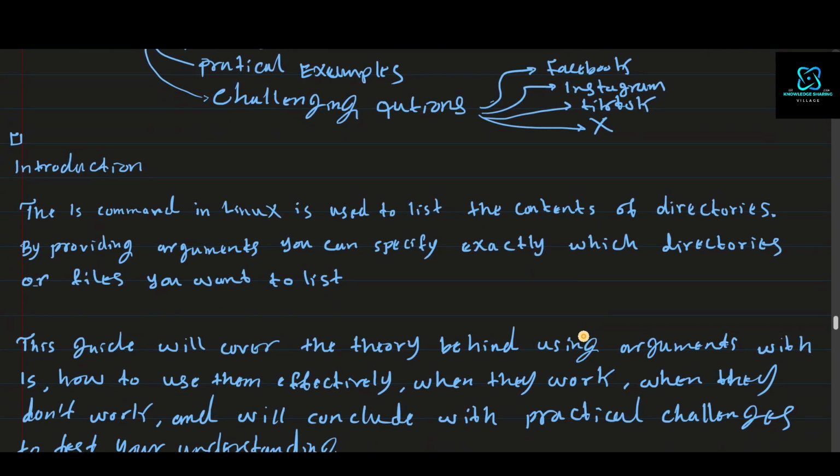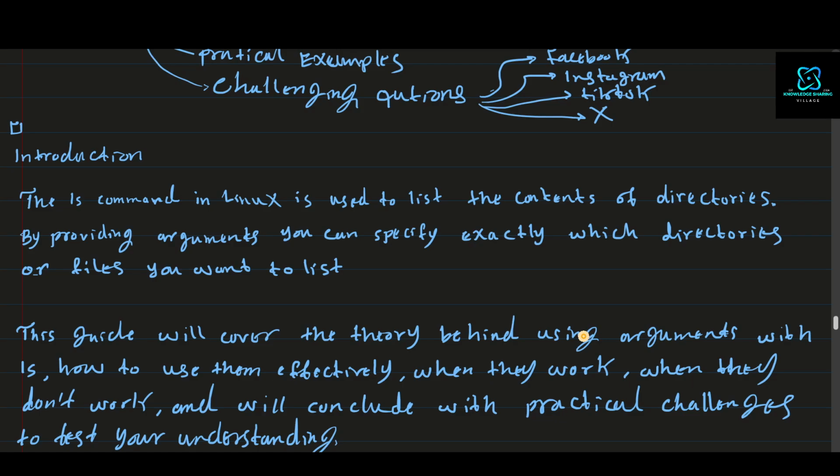First we are going to give a short introduction of what we are going to learn in this section. The ls command in Linux is used to list the content of directories. By providing arguments, you can specify exactly which directories or files you want to list.